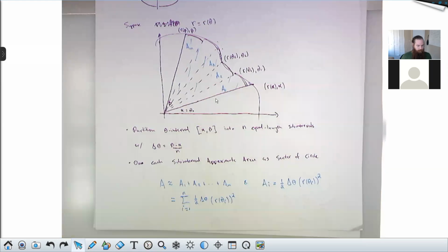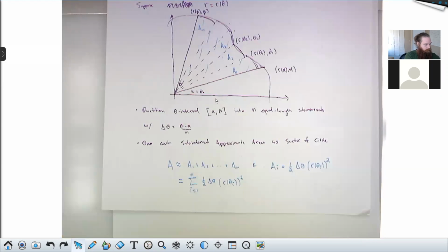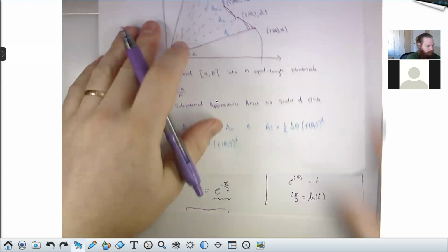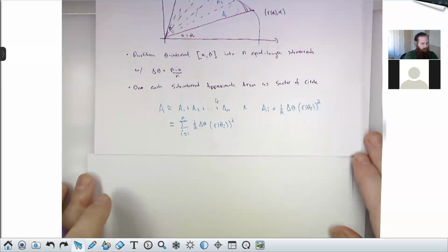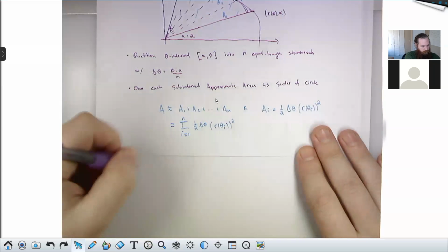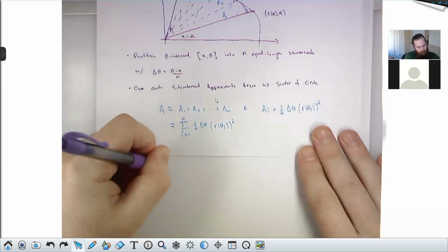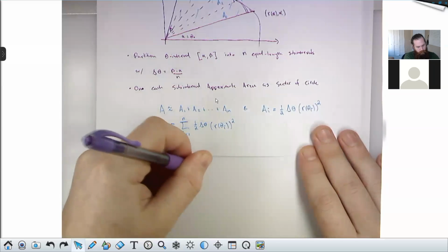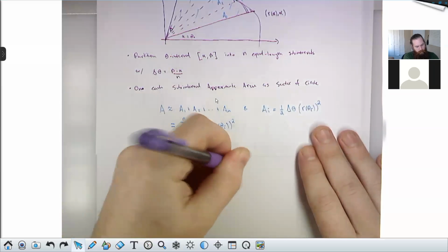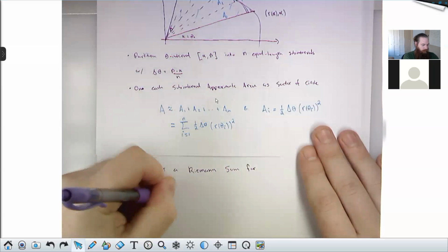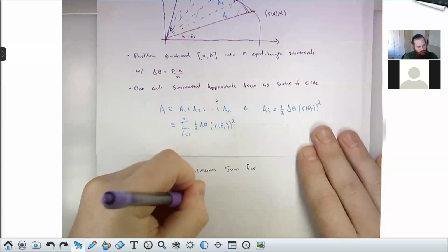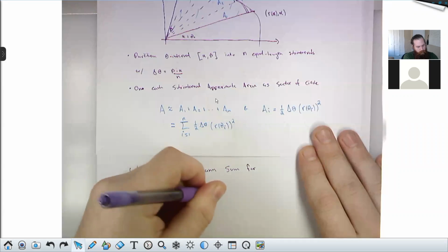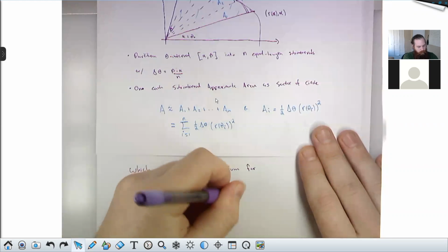You move the delta theta off to the end, and you recognize that as a Riemann sum for the actual area, which is the integral from alpha to beta, 1/2 r of theta squared d theta.